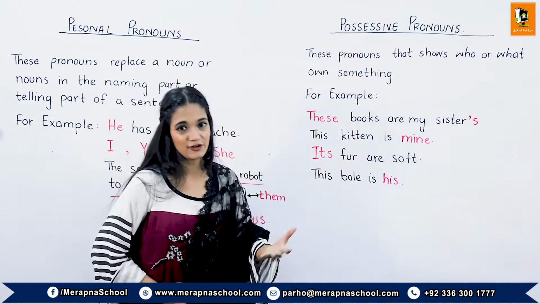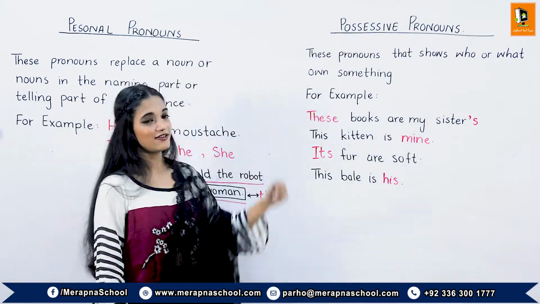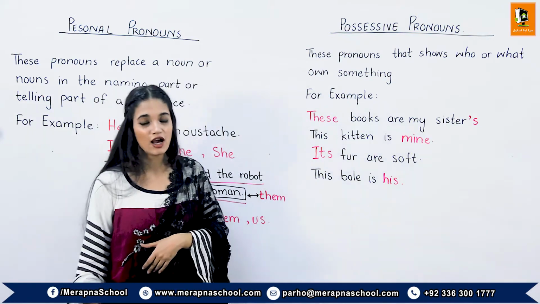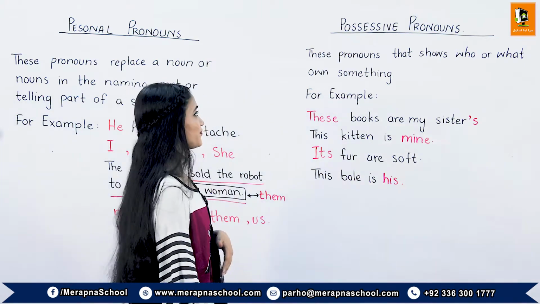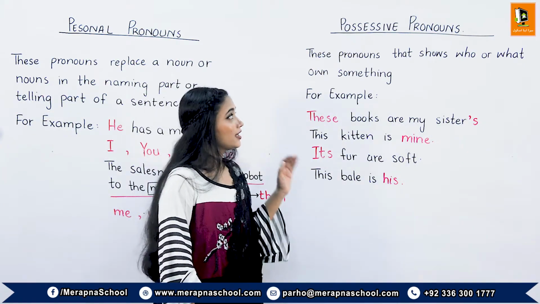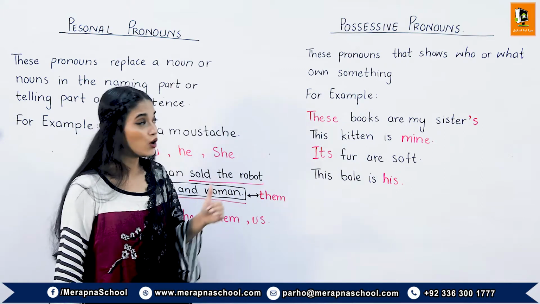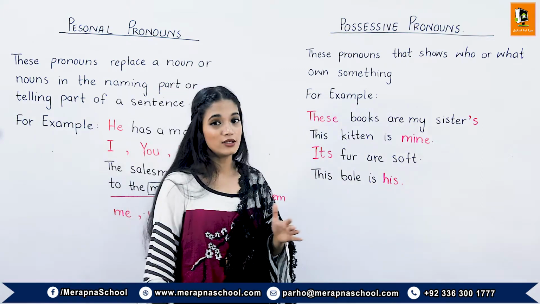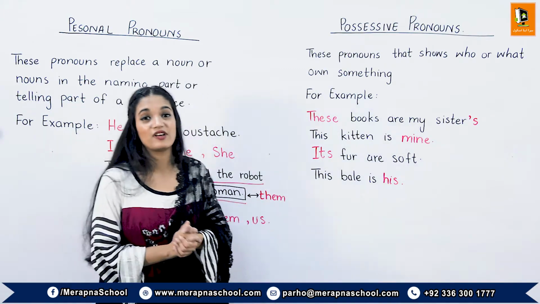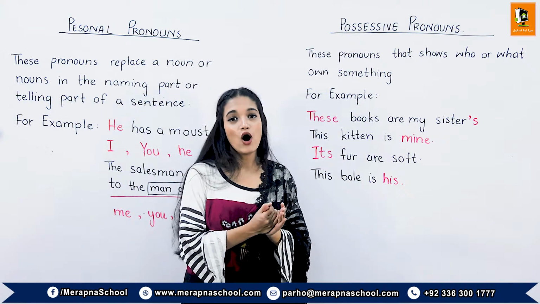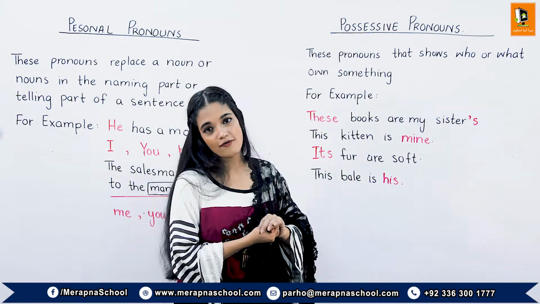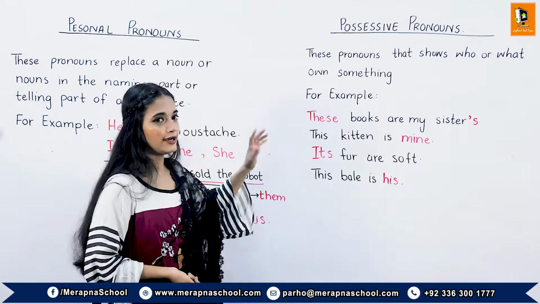The second kind of pronoun is possessive pronouns. The definition of possessive pronoun is that these pronouns show who or what owns something. It represents the relationship or ownership of the pronoun or noun.